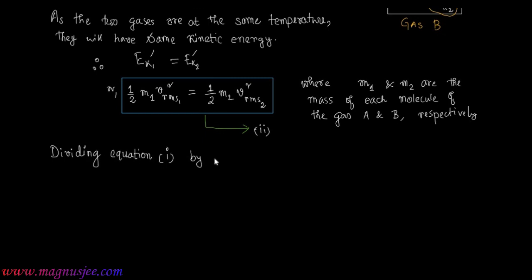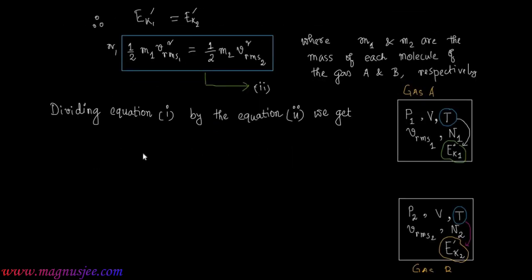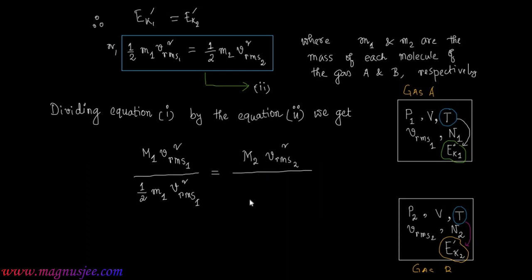Dividing equation 1 by equation 2, capital M1 vrms1 square divided by 1 by 2 small m1 vrms1 square will be equal to capital M2 vrms2 square divided by 1 by 2 small m2 vrms2 square.